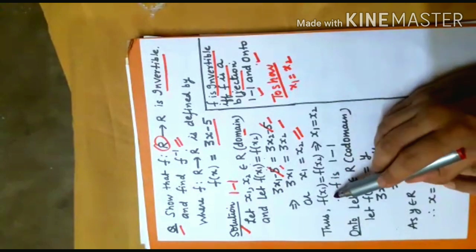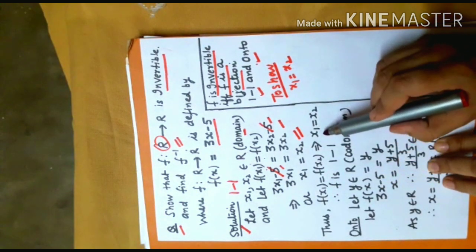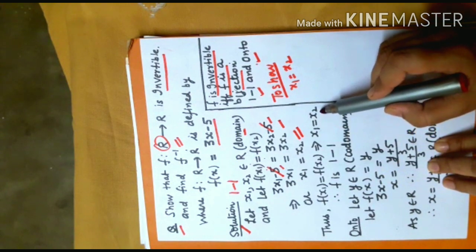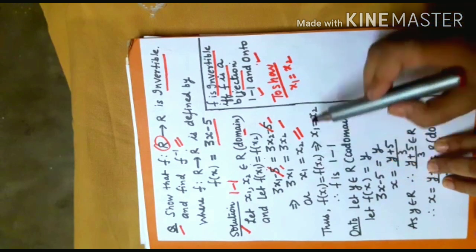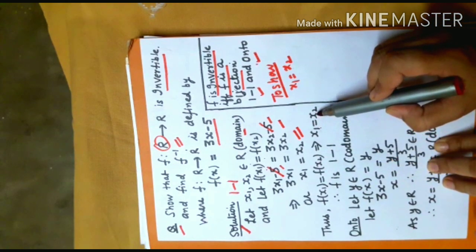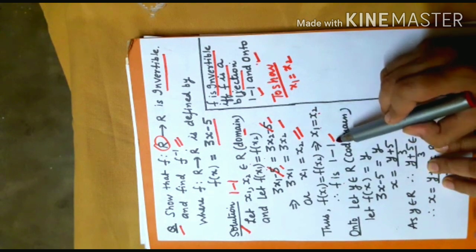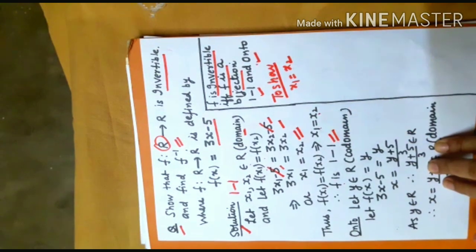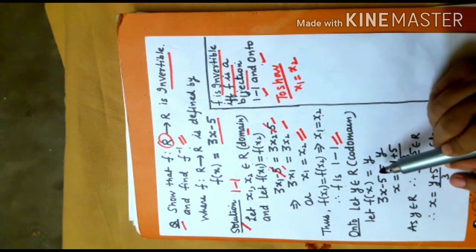Thus, f(x1) = f(x2) implies that x1 = x2. That means when images are the same, elements are also the same. Therefore, the function is one-to-one. So we have shown that this function f is one-to-one.